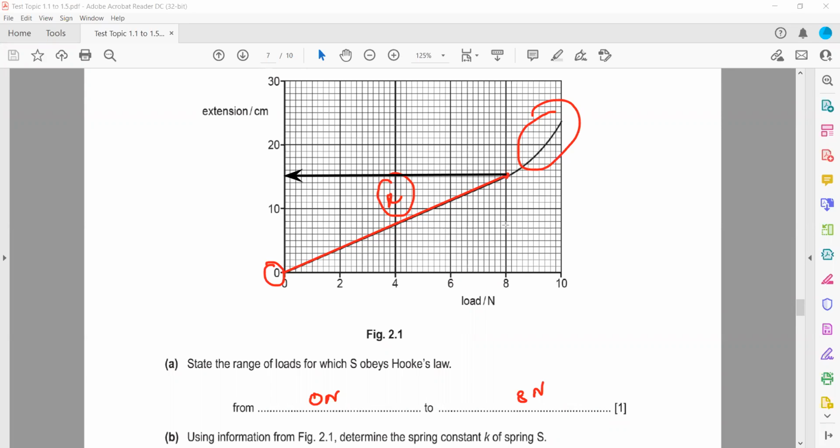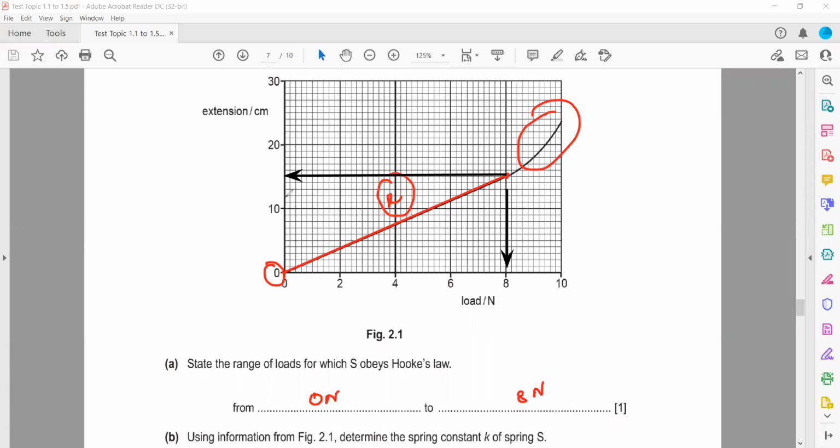So this is the force, and this one is the extension. Here each box is representing 0.5. Sorry, each box is representing 1 by mistake, because 10 boxes equal 10. So each box is representing 1.